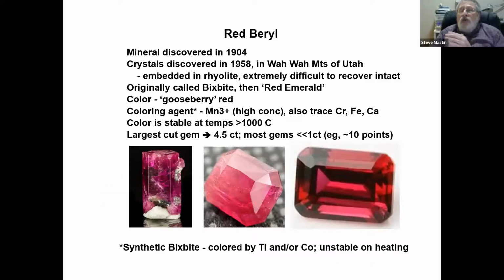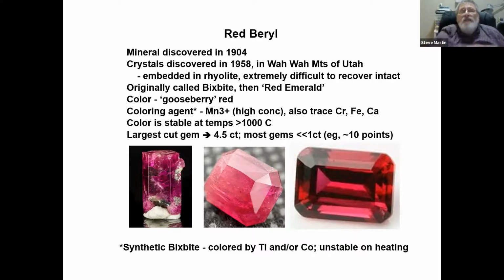Now we're getting to the weird ones that most people have never seen. There was a mineral that was discovered in 1904, and it was a funny formula that looked like beryl, but not quite. And it was red, they thought, but they didn't have crystals.